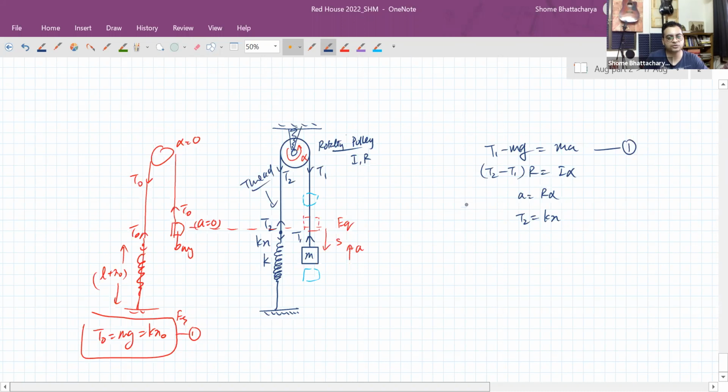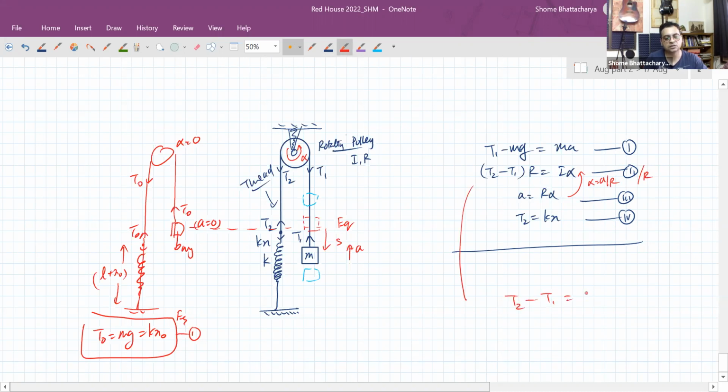So what we'll do is, first of all, we will solve this system of equations by doing that standard method that you know in rotation, that you first substitute alpha as a by R and then divide this equation on both sides by R. So this equation becomes T2 minus T1 is equal to I by R square into a.